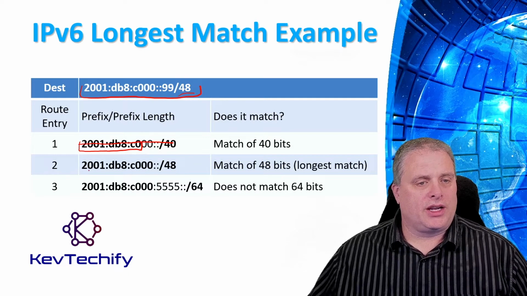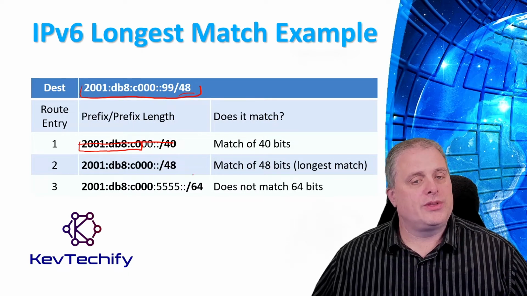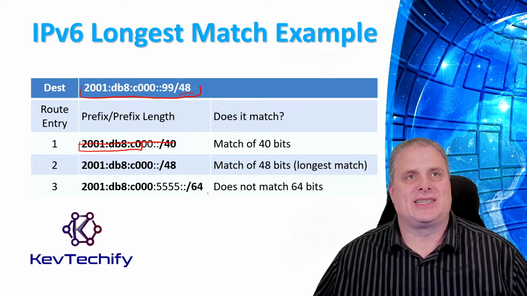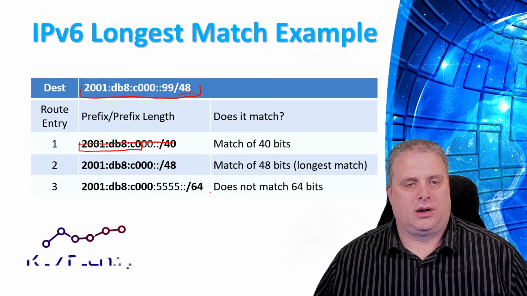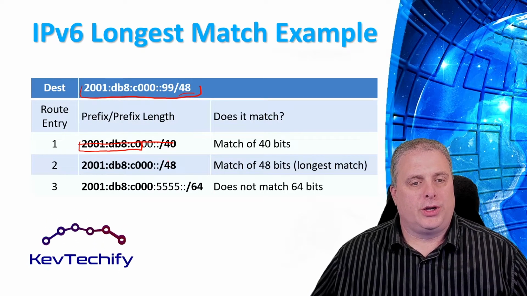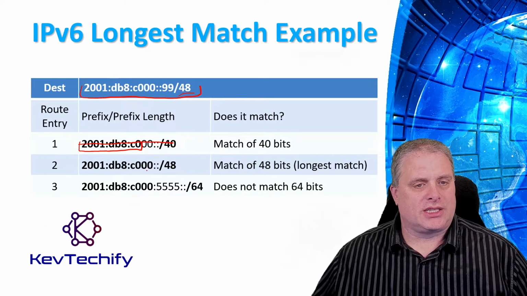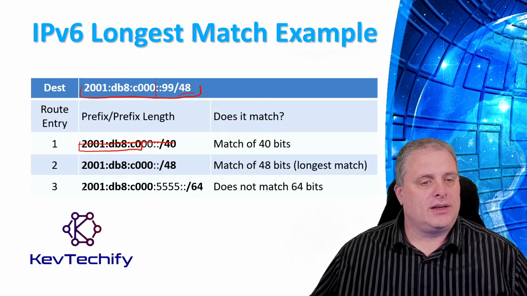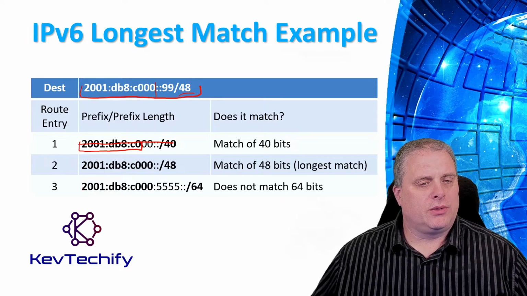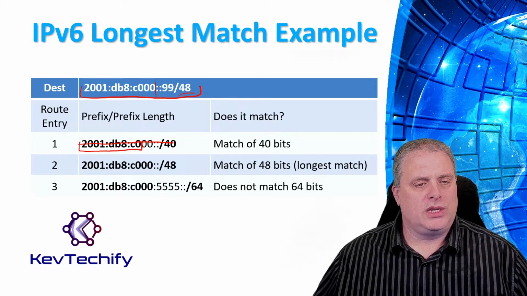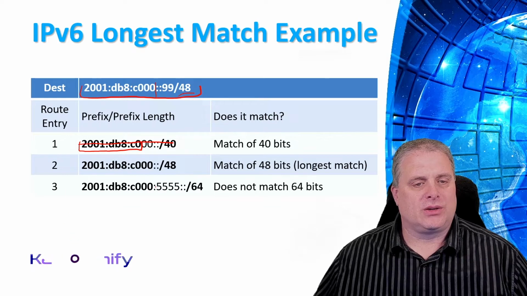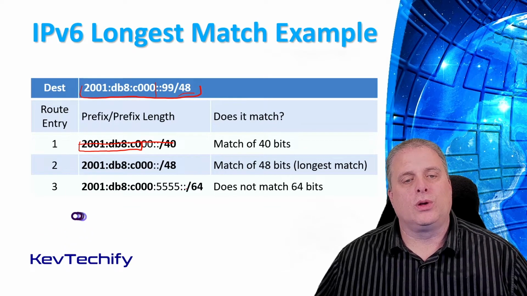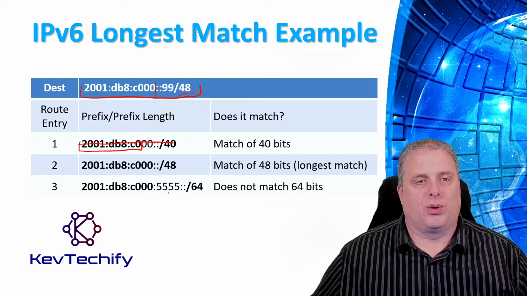Down on routing entry 2, it's a /48. We could use that one. And down here, it's a /64. We could use both of these. But then for the third entry, we look at 2001:DB8:C00:5555, that's the network portion.